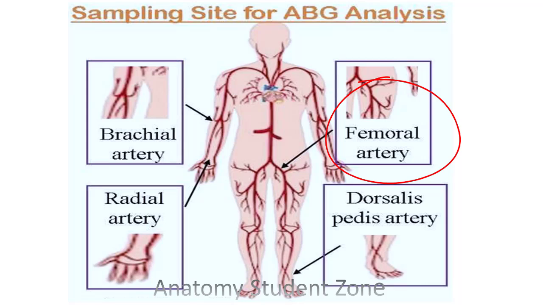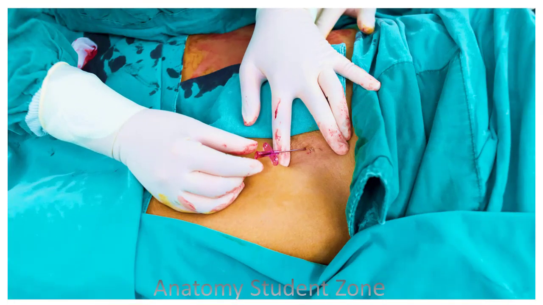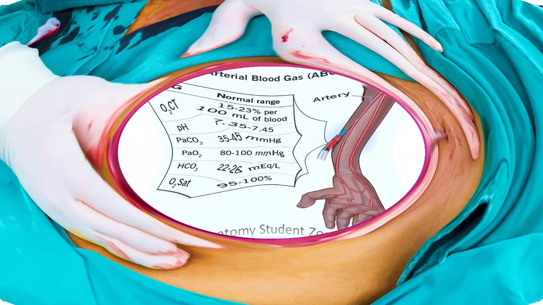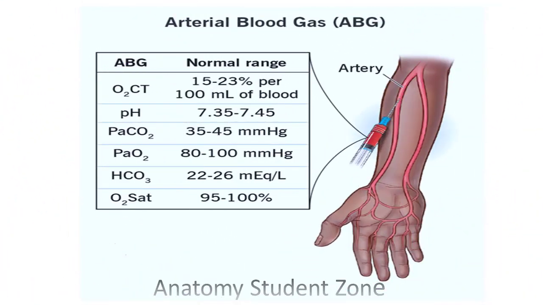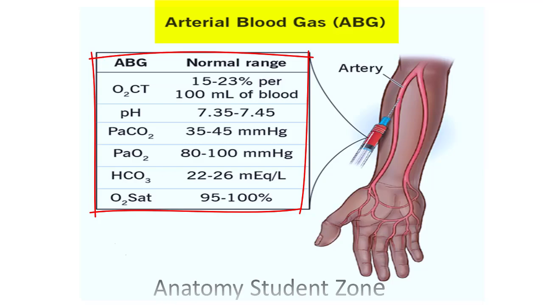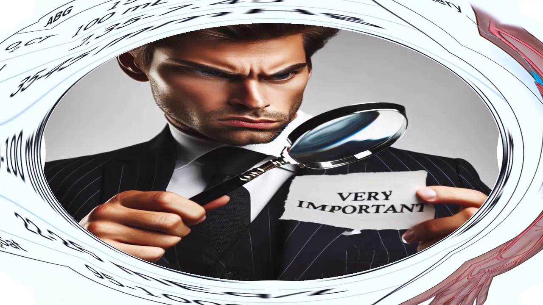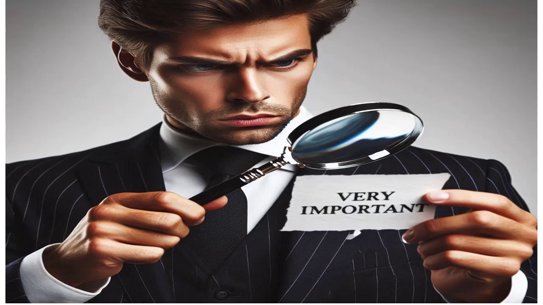If we are using the femoral artery, first we have to palpate it, and again, you know how we are going to palpate. The sample is taken and sent for arterial blood gas analysis. That's why the contents of the femoral triangle are very important, because on the clinical side, we are going to use them at multiple points.